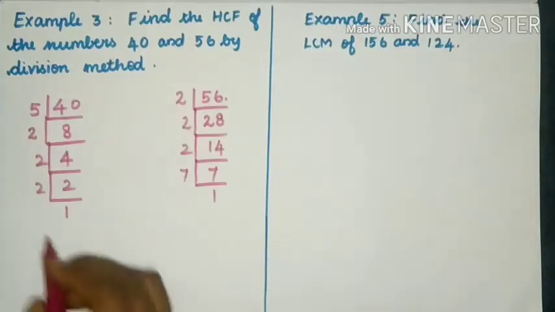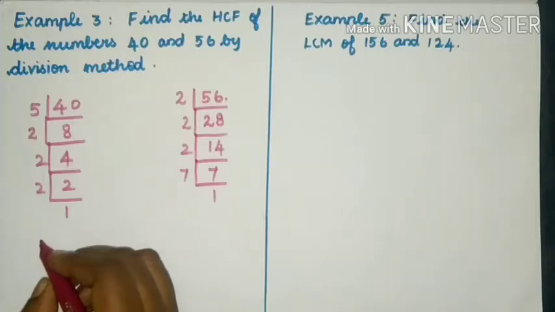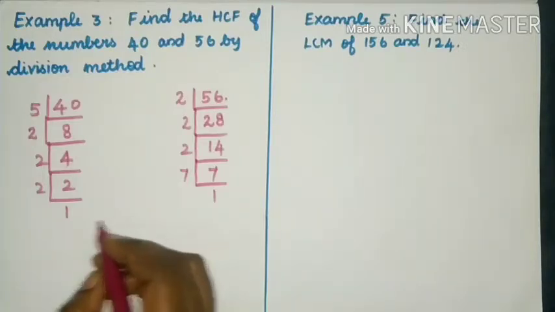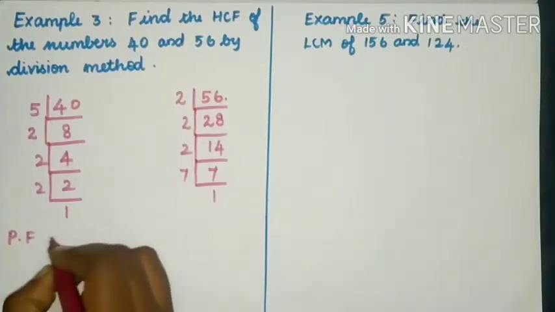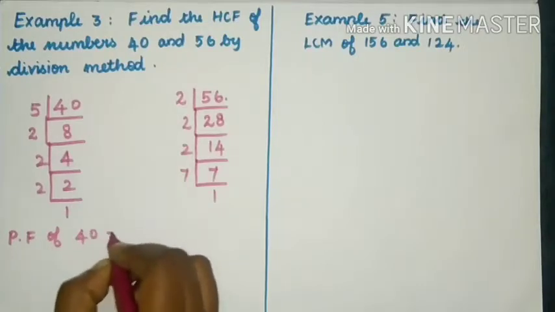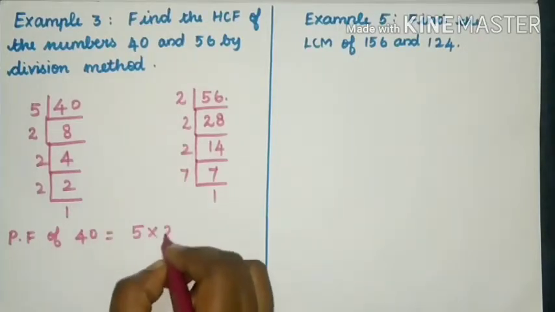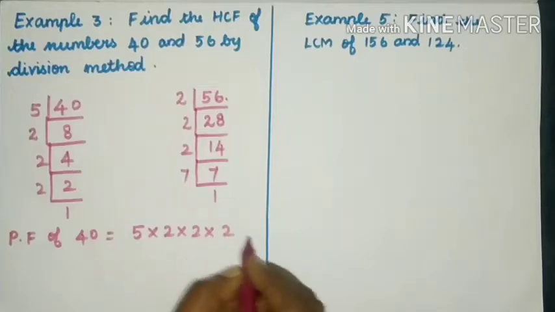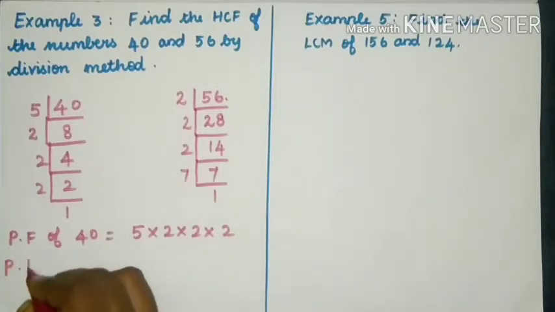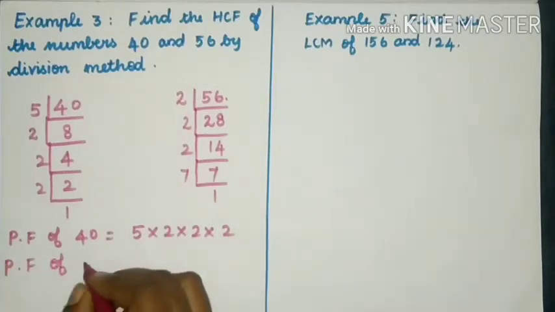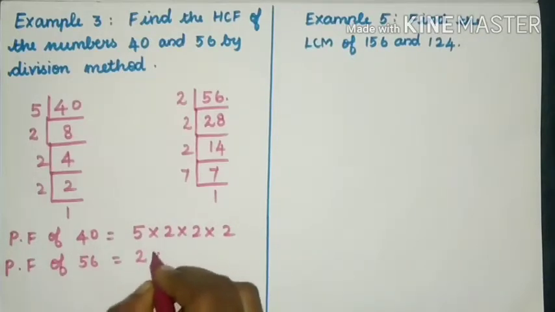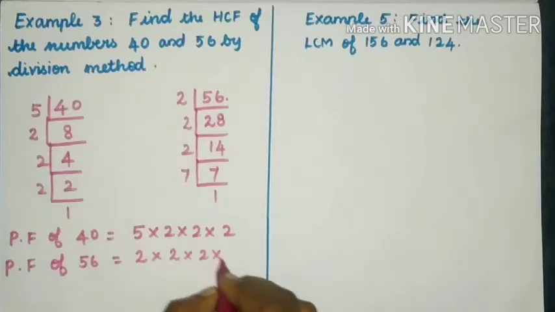Then we have to write the factors of 40 and 56. Prime factorization of 40 is equal to 5 into 2 into 2 into 2. And the prime factorization of 56 is equal to 2 into 2 into 2 into 7.